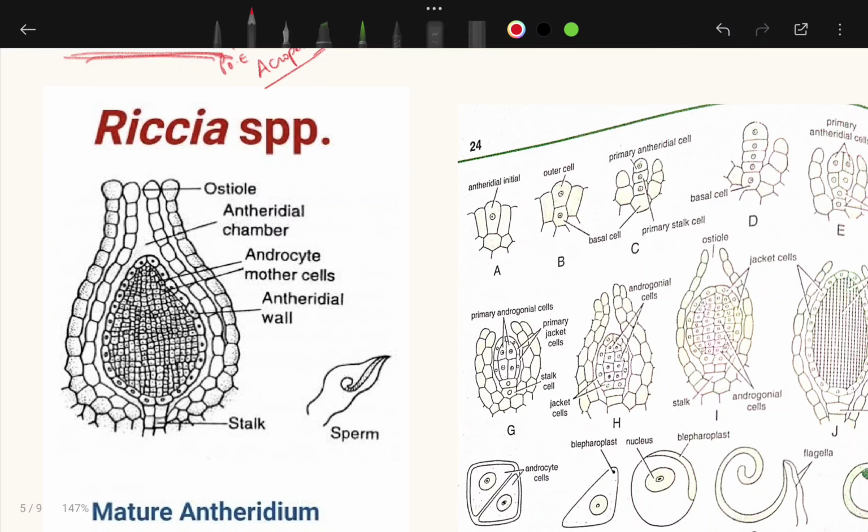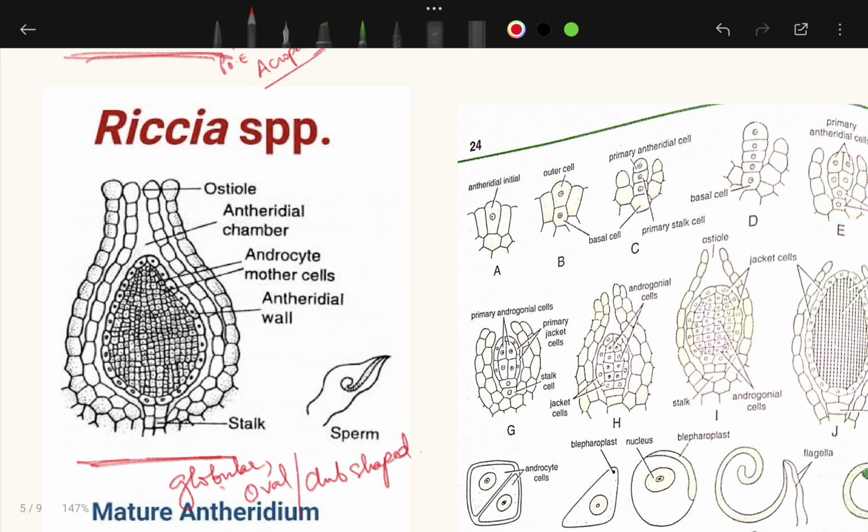Okay, so this is the male reproductive structure of Riccia. So as you can see, a mature antheridium is globular in structure. It is globular, oval, or club-shaped structure.